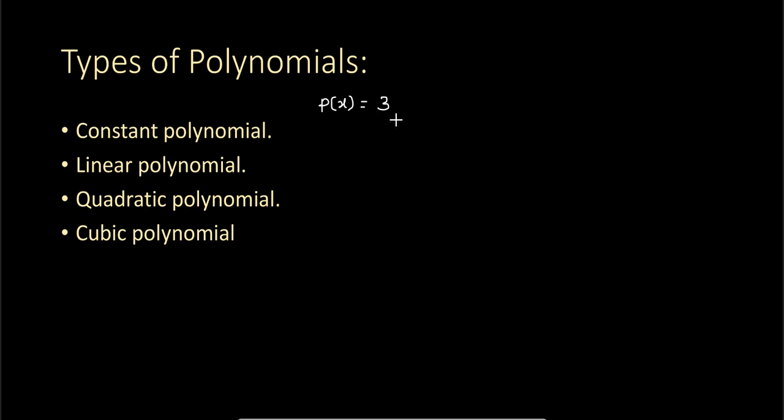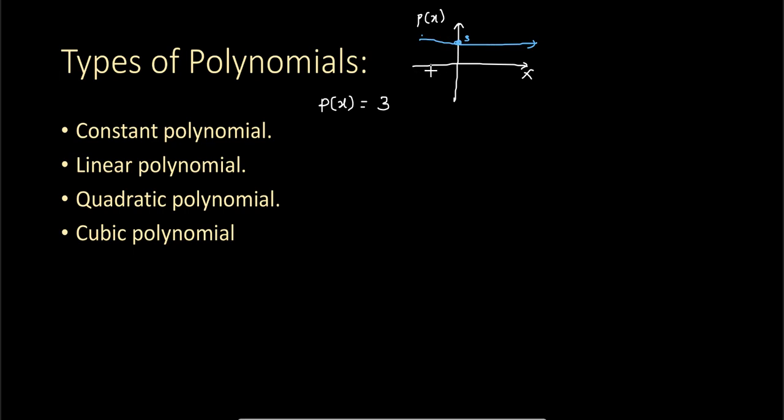There is no variable as such, right? Graphically, if we have to represent this, we can say that if this is our x-axis, this is the value of the polynomial p(x) on the y-axis, so this value will always remain 3. It is constant, no matter what the value of x is.